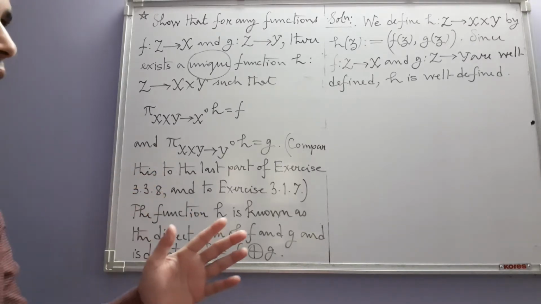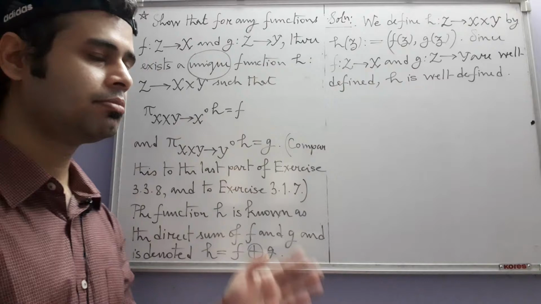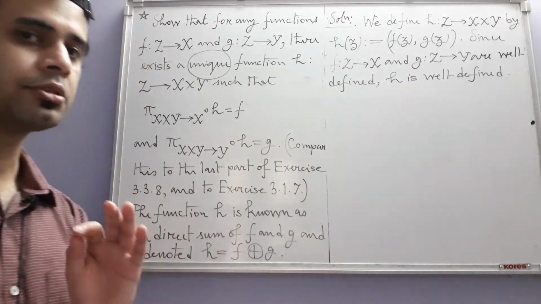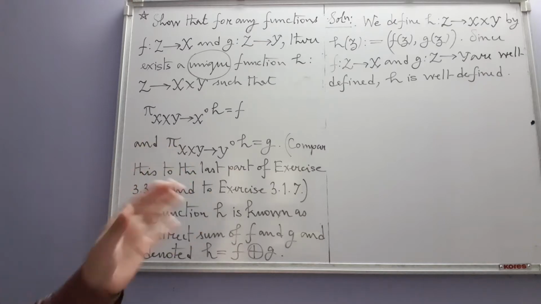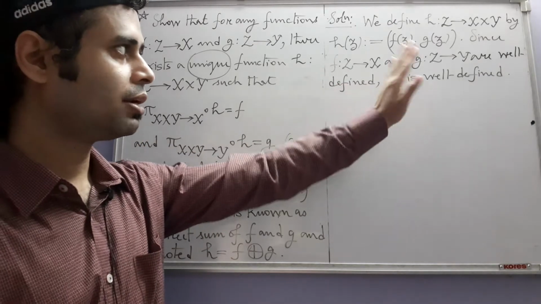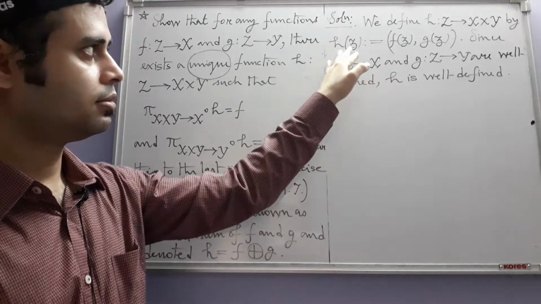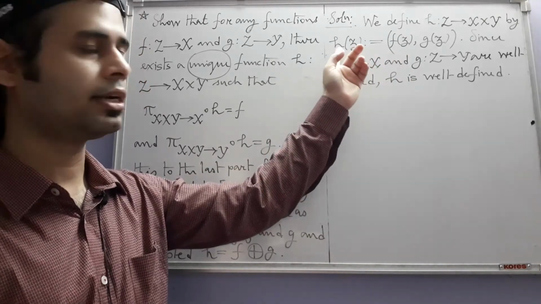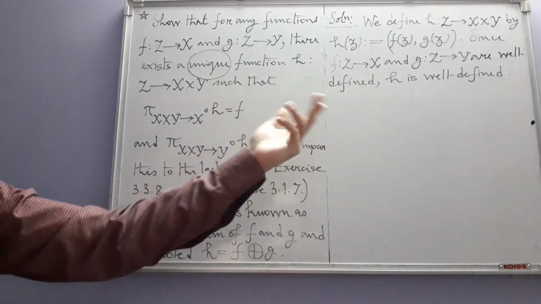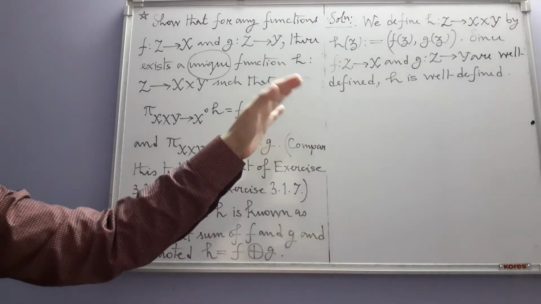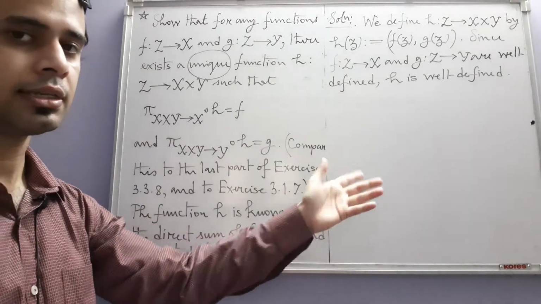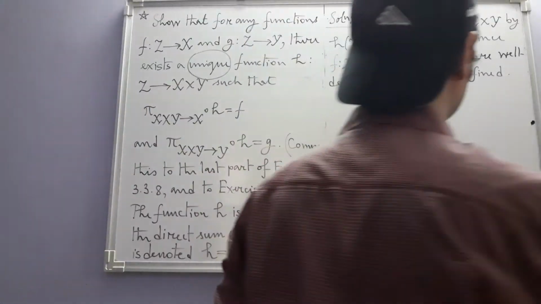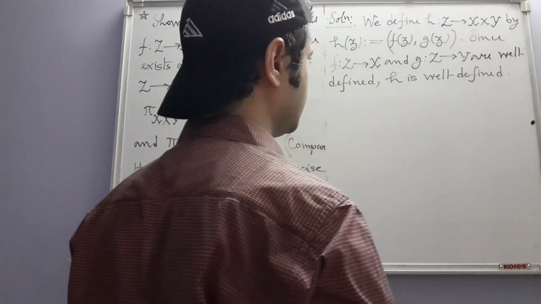But at other times if there is a possibility of confusion, then you have to show that the function is well defined. In this case it's somewhere in the middle. We know f and g are well defined, and from that well definedness of h is coming, so it's just a question of mentioning. However, sometimes you have to actually show that it's well defined, that is an entirely different thing. That is not needed here at least.